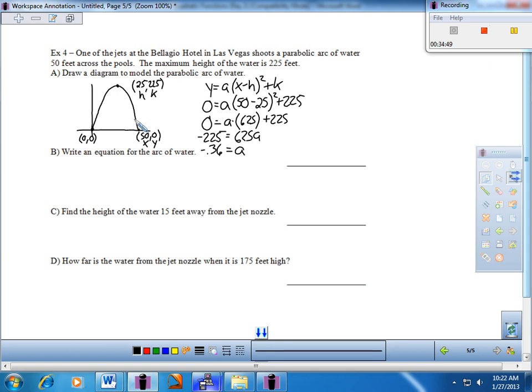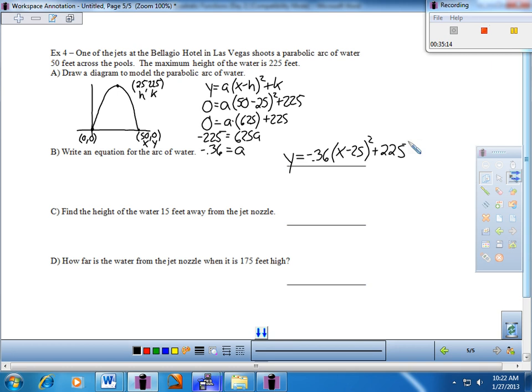Okay, good. Let's put them in. So now for the infinite number of points on that parabolic arc of water, I have y equals negative 0.36. How does (x minus 25) squared sound? And then plus the 225. Okay, wonderful.